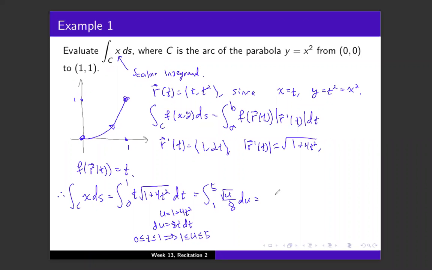And that's the same thing as 1/12 u to the 3/2, evaluated from u equals 1 to u equals 5, which comes out to 1/12 times 5 to the 3/2 minus 1. It's pretty much all there really is to it. So any questions so far?